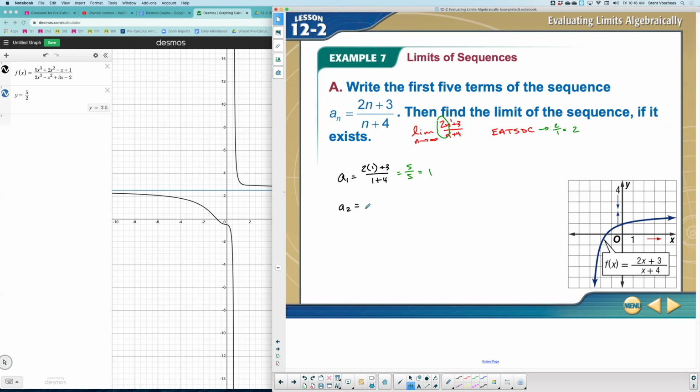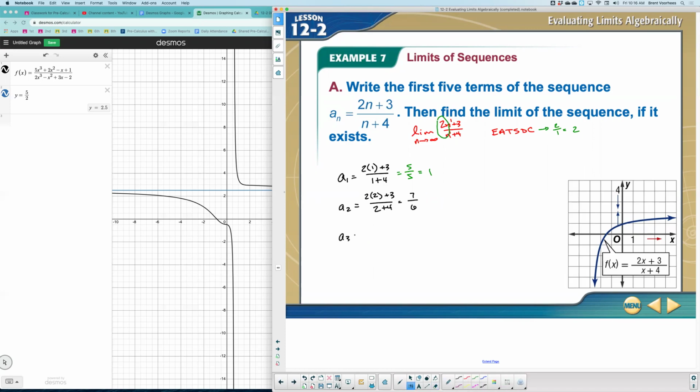The second term, A2, would be 2 times 2 plus 3 over 2 plus 4. Excuse me, 2 times 2 is 4 plus 3 is 7. 2 plus 4 is 6. And so we get the value 7/6.